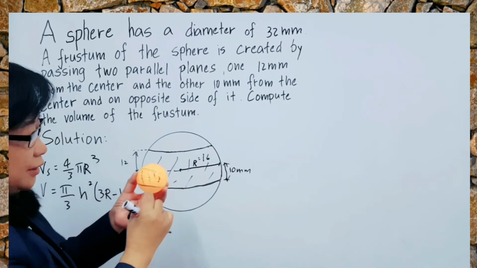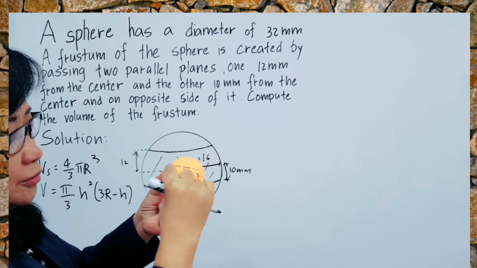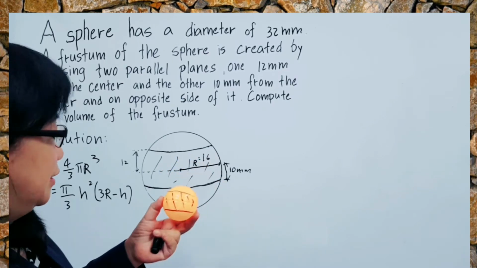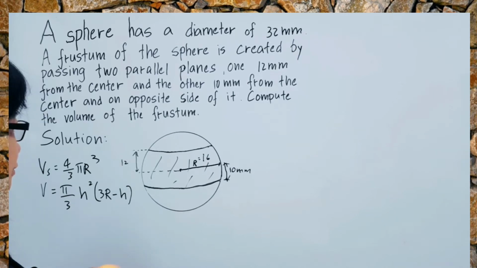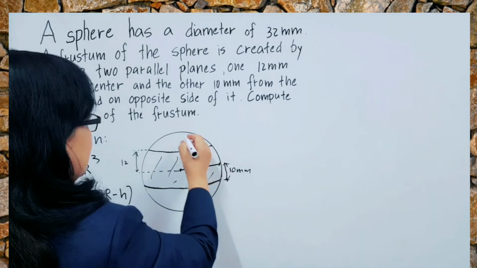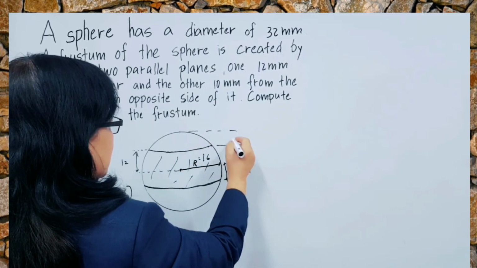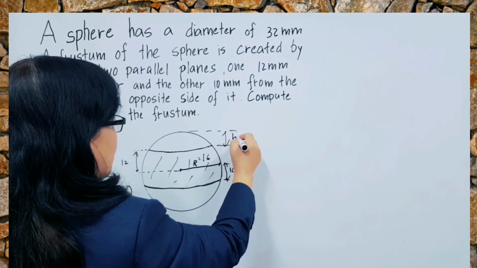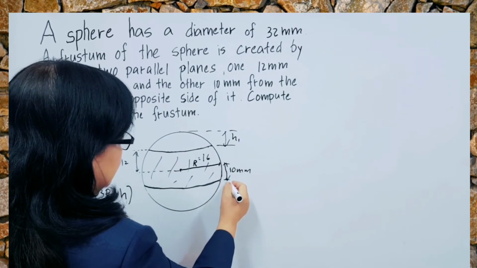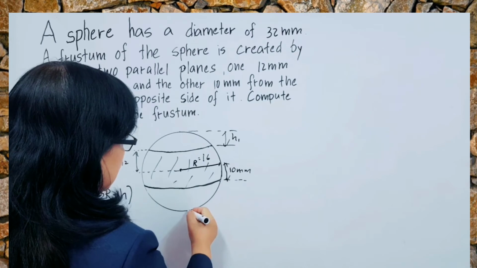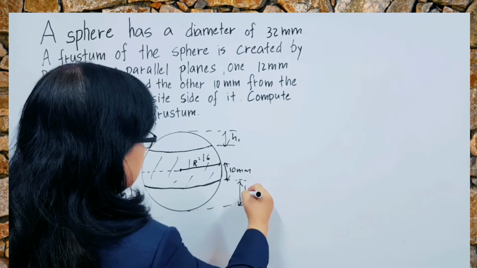This one. This is the one. We cut from up and we cut from down. So this is the frustum of a sphere. Now, here we can designate this one from here to here as H1, and from here to here we can have this one as H2.